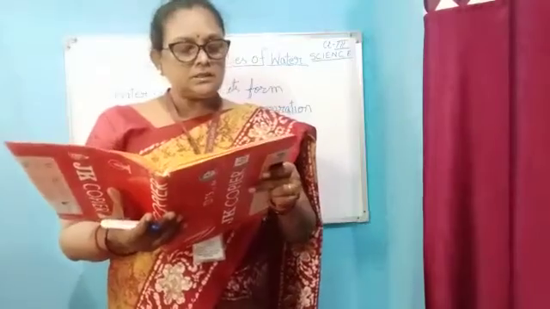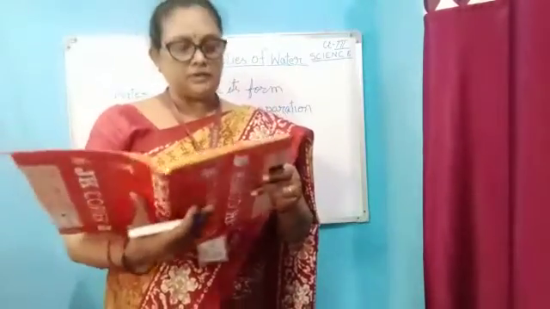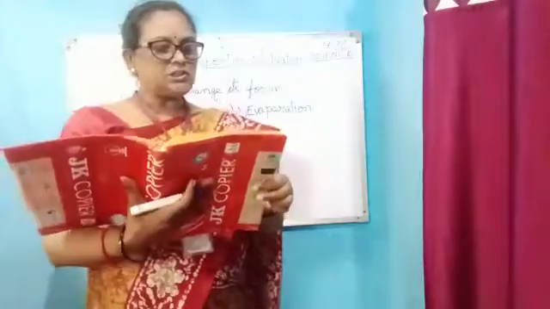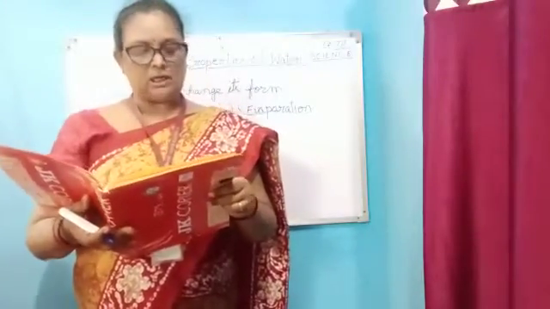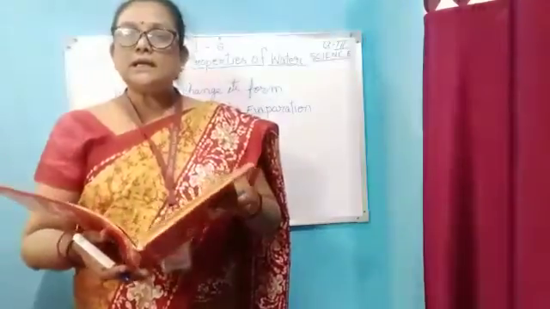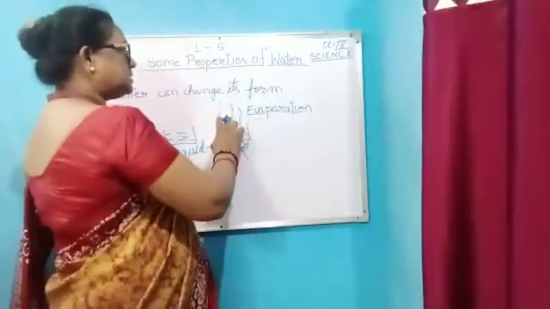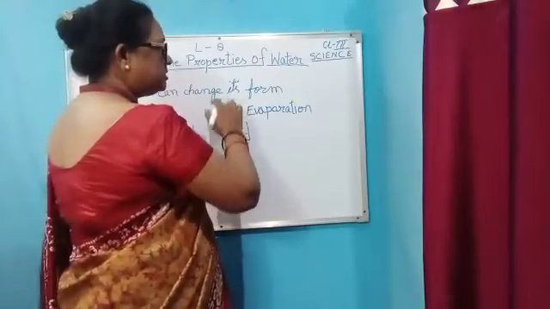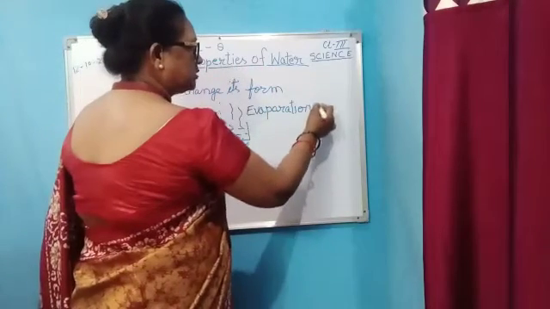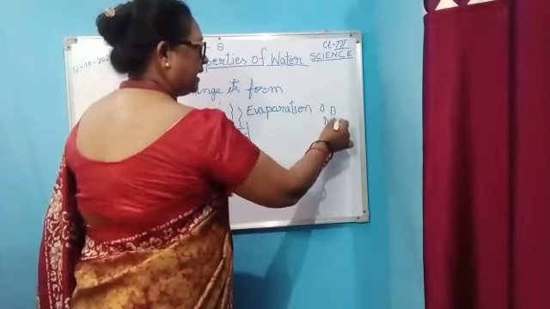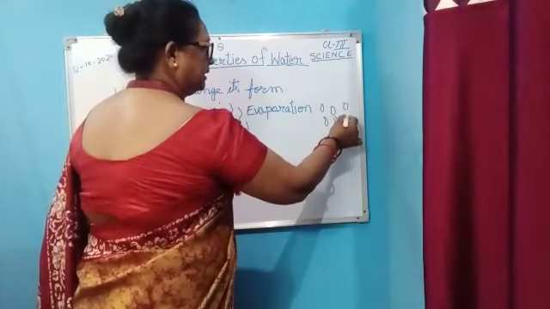And when this water vapor changes into water again on cooling, that is called condensation. When this water vapor changes again, it falls down in the form of rain, you will learn further.